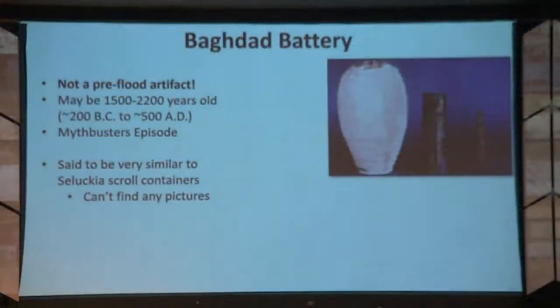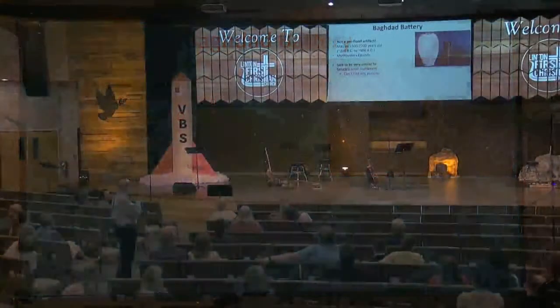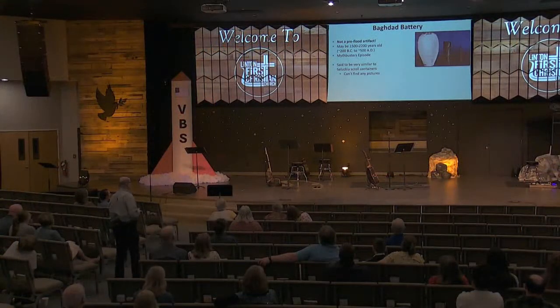So the Baghdad Battery. I wanted to start off with this one, and I will say this is not a pre-flood artifact. Nobody, creationists, Christians, evolutionists, nobody thinks this is that old. They know it's somewhere between like 200 BC and 500 AD.